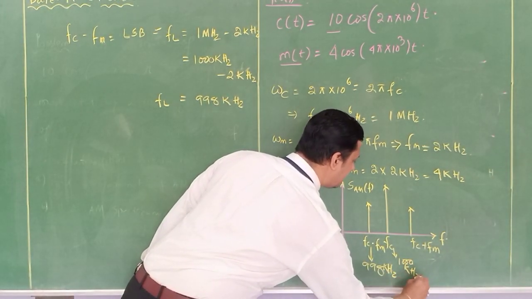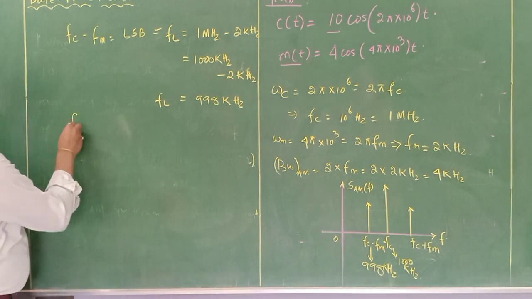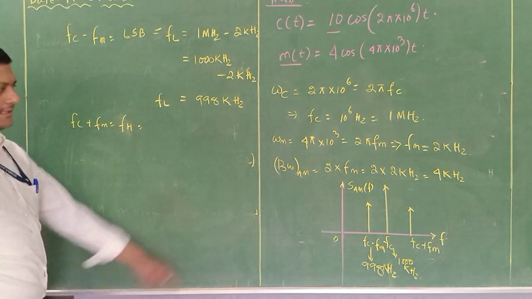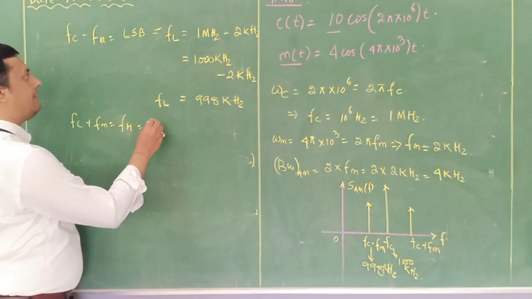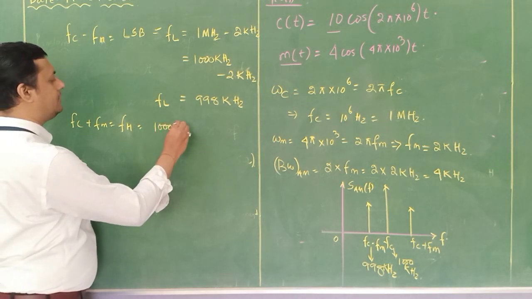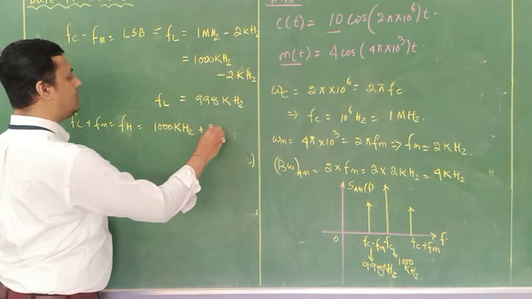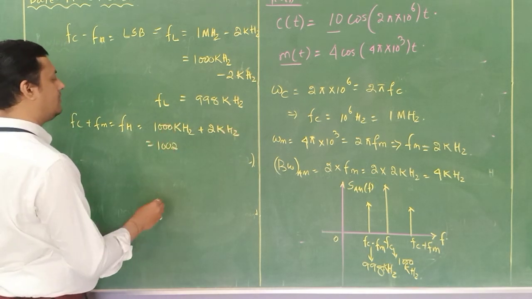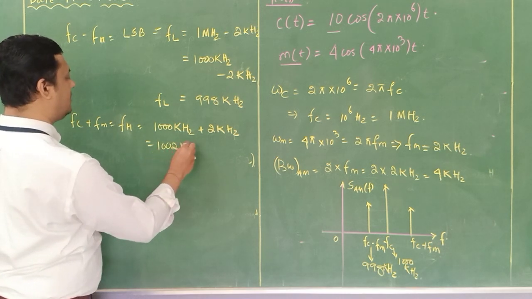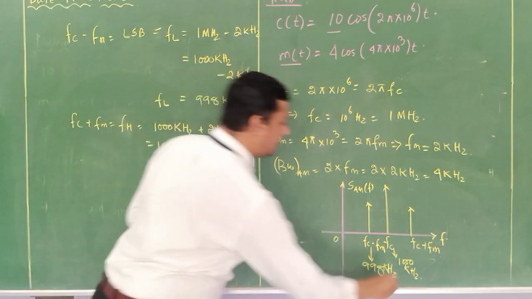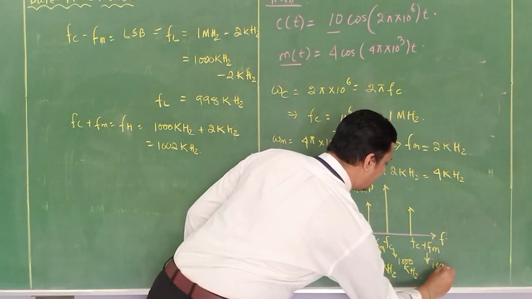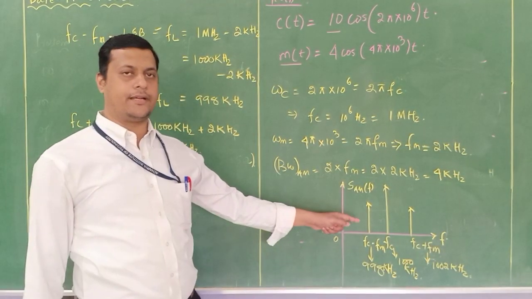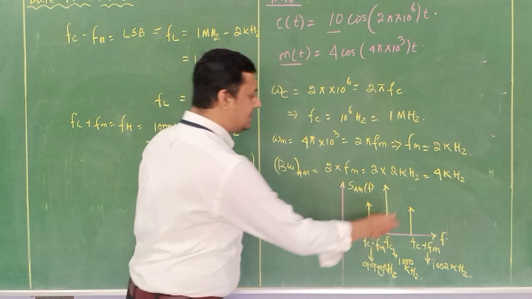Center frequency Fc is 1000 kHz. Now we will calculate Fc plus Fm, which is the higher frequency. Here I will write 1000 kHz plus 2 kHz, so it is 1002 kHz. Now from this figure also you can calculate the bandwidth.